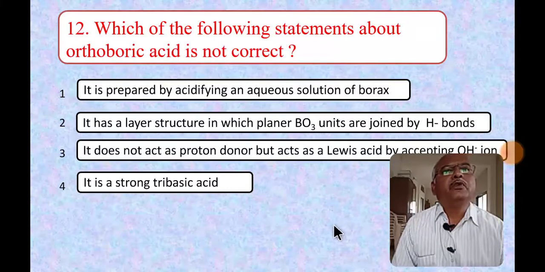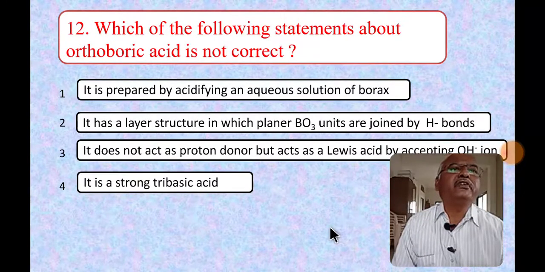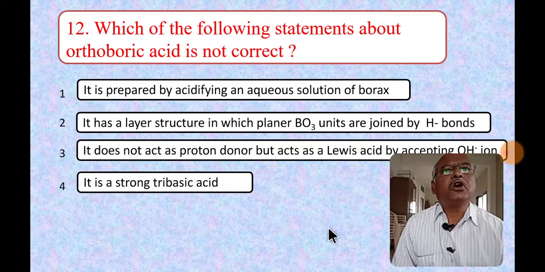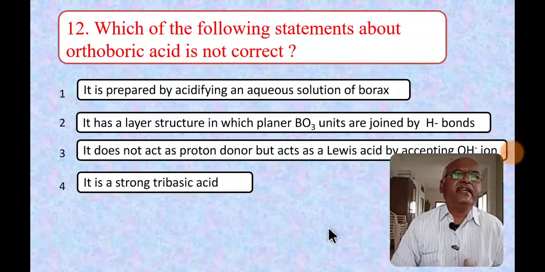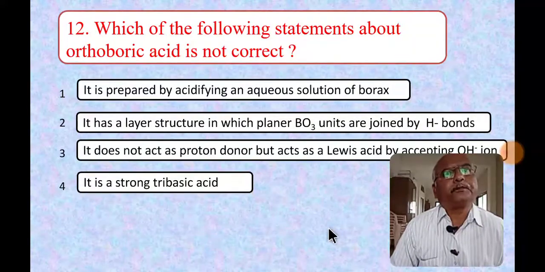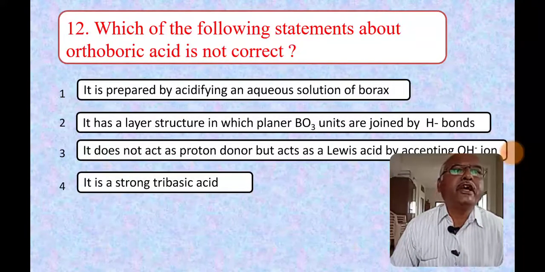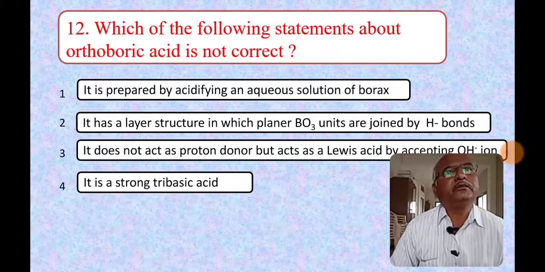Next question. Which of the following statements about orthoboric acid is not correct? Read all the options carefully and then select the correct answer. So I give you time to read the question.